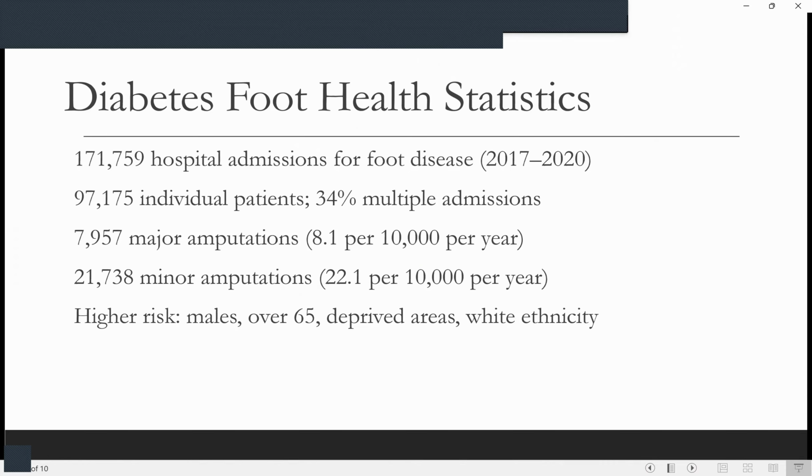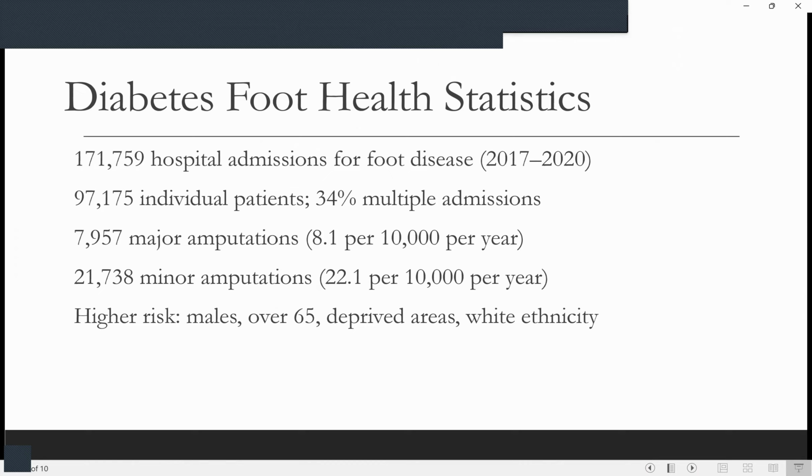I've got some stats here about diabetes. The reference for this is in the text section of this video. This is looking at 2017 to 2020, and if I just go to major amputations, we're talking about 8.1 per 10,000 people per year.